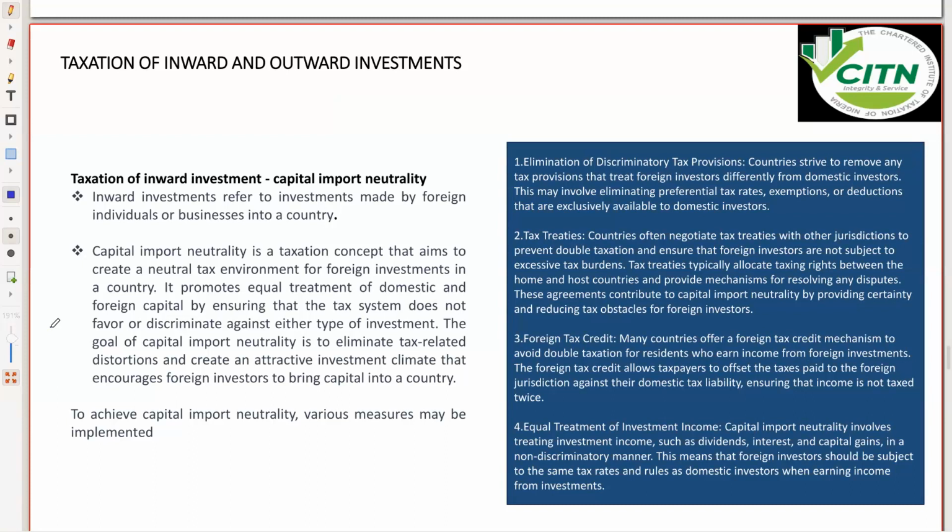Now, when it comes to development of international tax rules, as it concerns inward investment, a key principle most countries will bear in mind is what is called capital import neutrality.